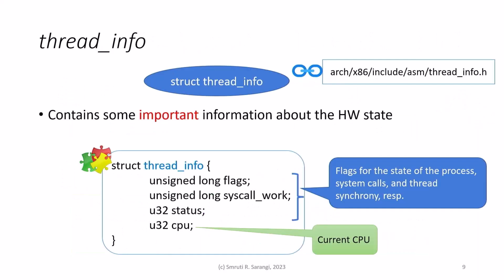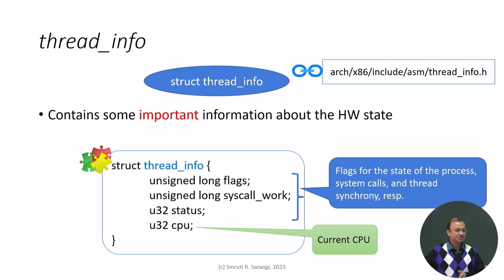So thread info looks like a regular structure, but as I said, a lot of thought has gone into designing it. There are two long fields which basically store flags for the current state of the process, the state of the system calls, and synchronization related information. So you have some of these flags. The flags are these 1-bit fields.